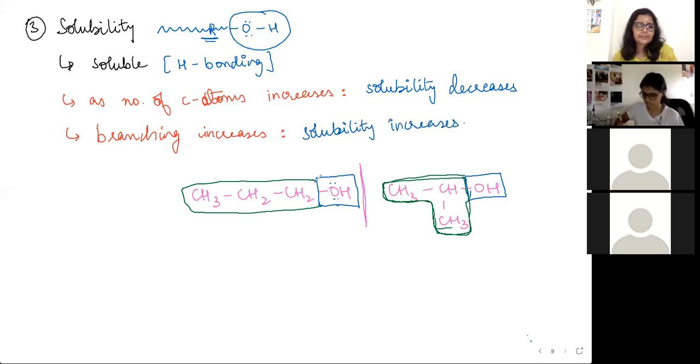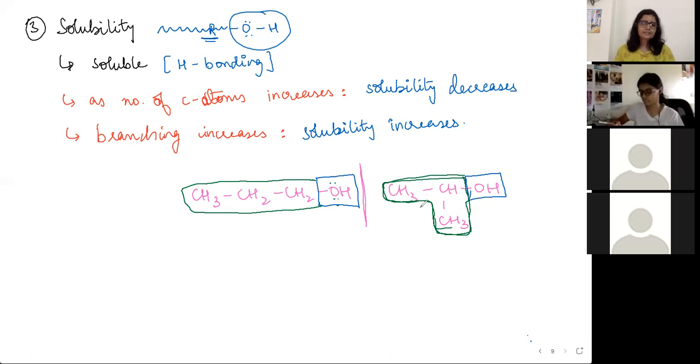The reason is that if it's a straight chain, the surface area of the hydrophobic part is larger as compared to a branched chain. That in turn affects the ability or the extent of hydrogen bonding.